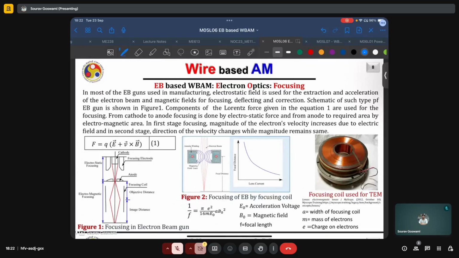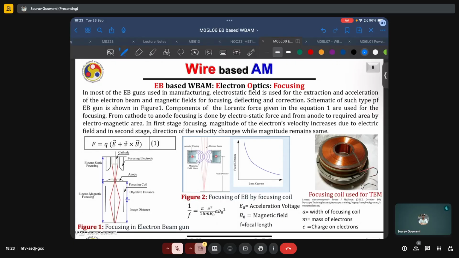Now, as I was saying, once the electrons are emitted and attracted to the anode, they may tend to diverge instead of following a collimated path, and thus they need to be focused back into a tight spot. Further, this single electron spot has to be deflected or scanned all over the region of interest on the printing plane.